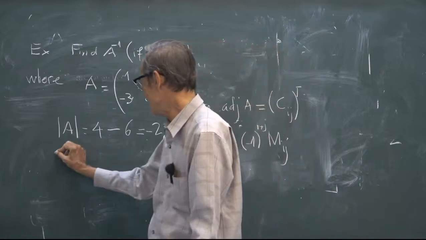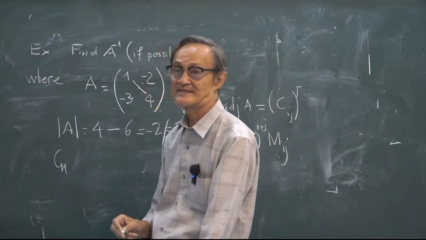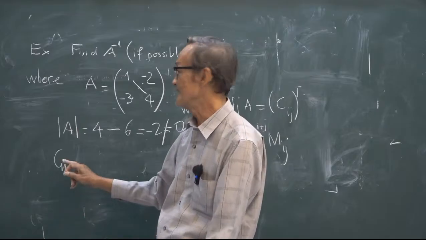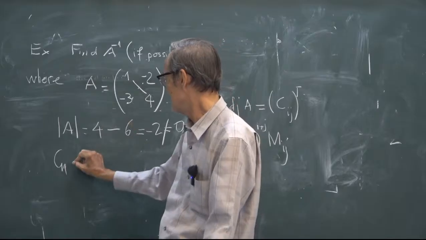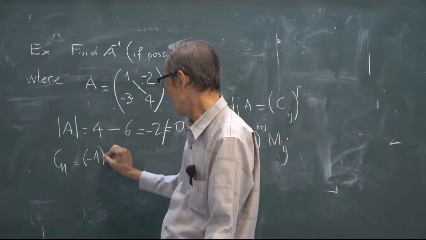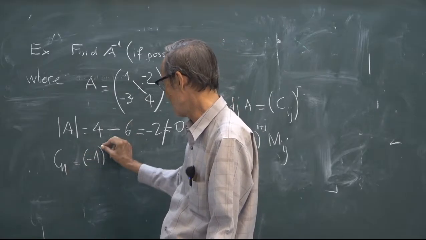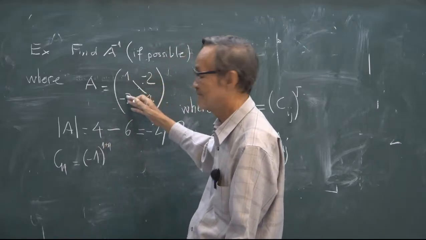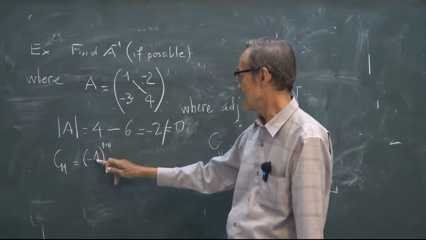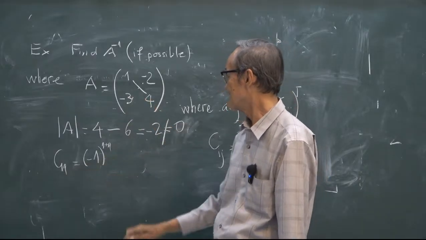Now C11, the cofactor of this 1, is the minus sign to the power 1 plus 1, the sign of this position.